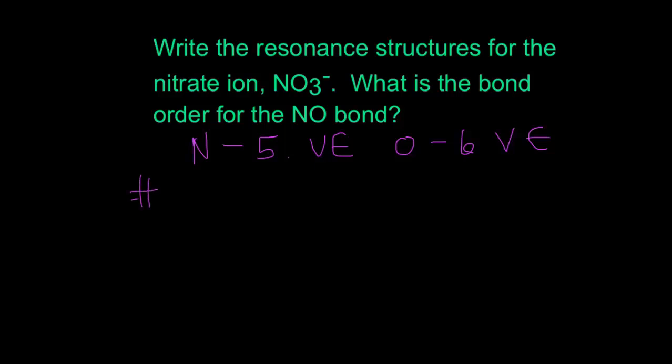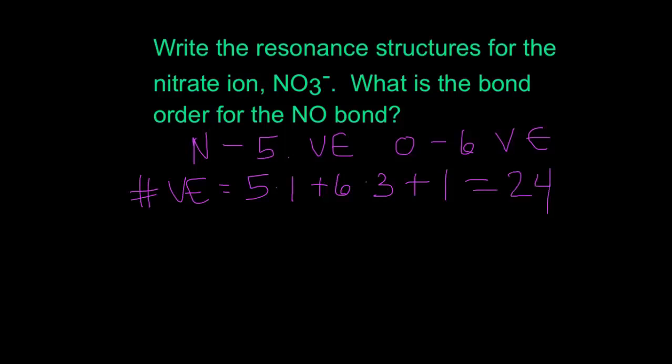So our total number of valence electrons is 5 valence electrons from the nitrogen, 6 for each oxygen, so 3 times 6, plus 1 for the negative charge, which is a total of 24 electrons. So again, we put the least electronegative atom in the center and connect it to all of the other atoms.